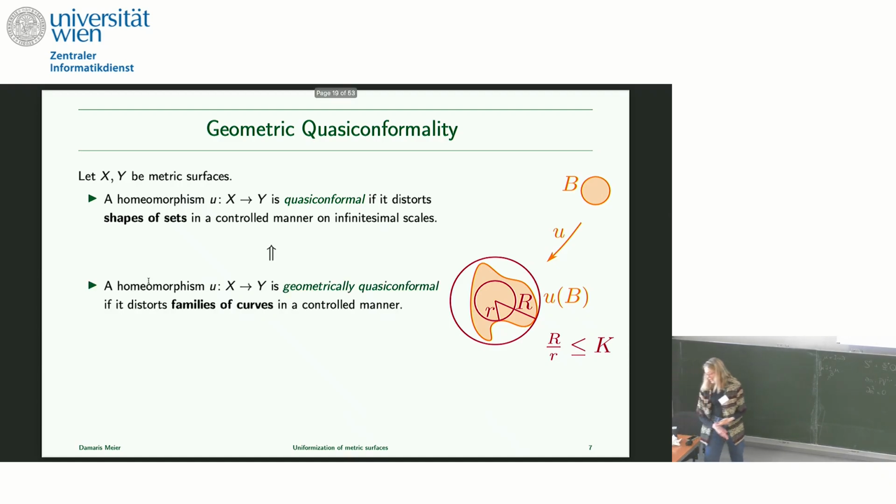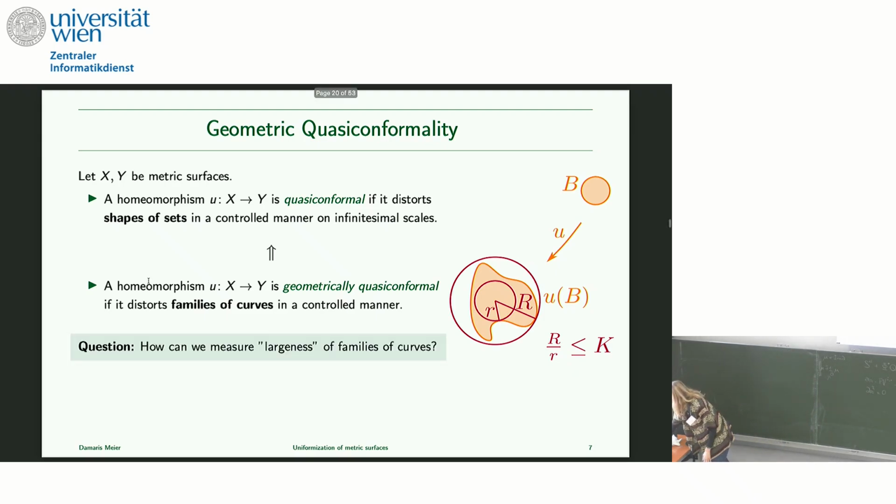And what we would like to think about is, instead of shapes of sets, we look at families of curves and define a measure on curves, or all curves on a space, and we want to know how a map changes this measure in some sense. So that's very, very broad.